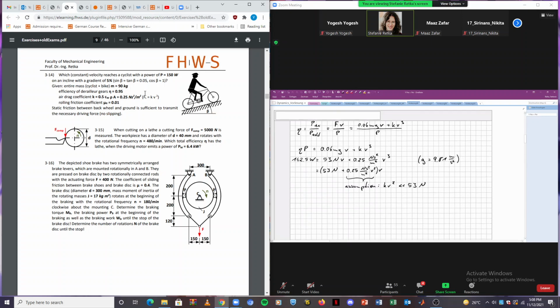Then, if this assumption is true, we can rearrange the equation for the velocity, stating that the velocity is equal to 142.5 watt over, and I'm not neglecting this component, okay?